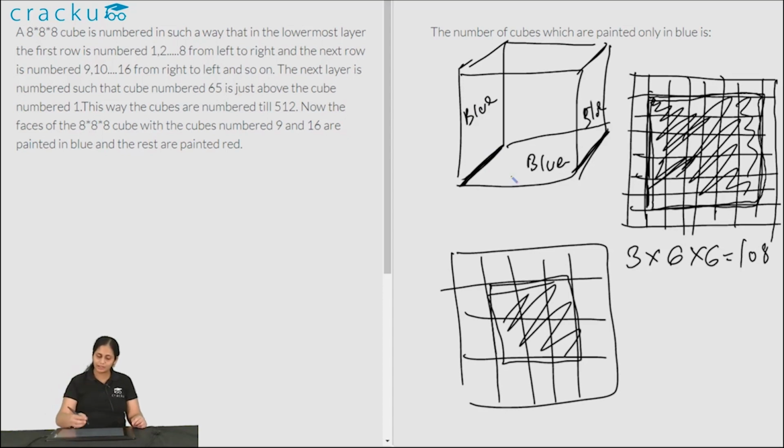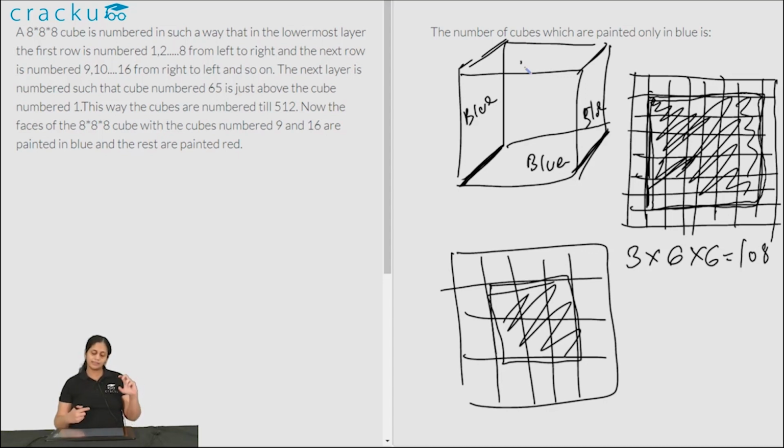If you consider the other edges, for example over here, this face is red. So this edge is between blue and red, so the cubes lying on it will have one face painted blue and one face painted red. So we can't consider those cubes. Similarly for all other edges, at least one of the faces would be a red face, so we can't consider those edges.